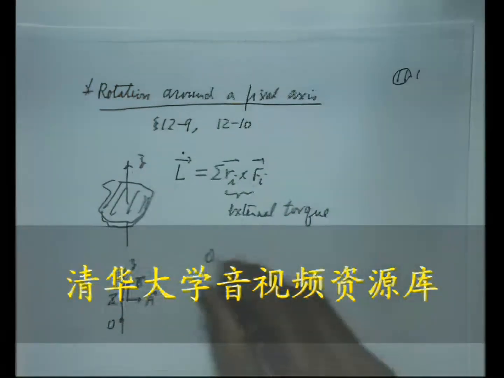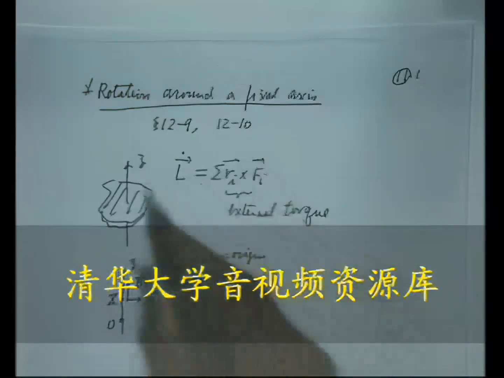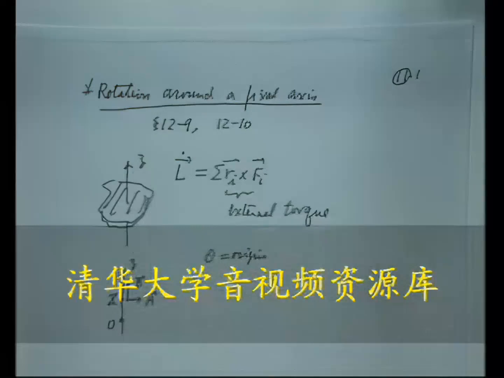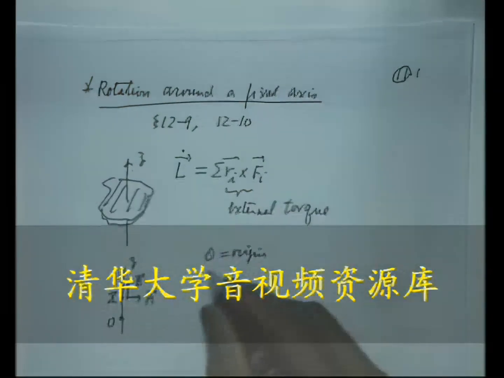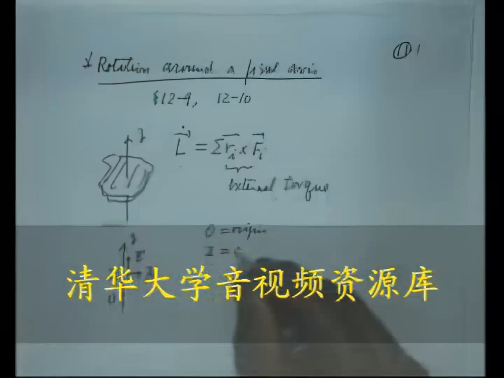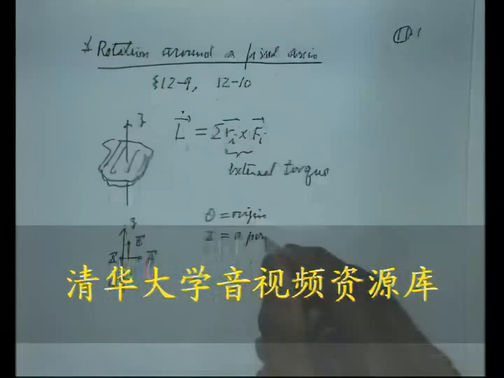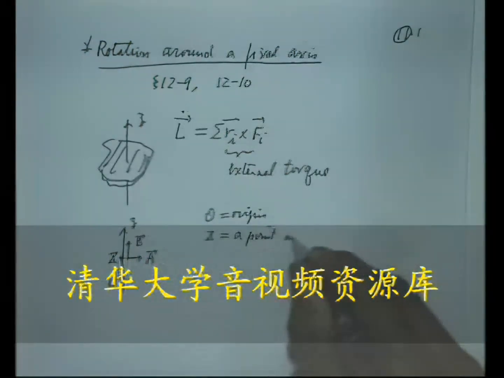O is the origin. When we write this formula, we always first choose the origin, then write down this formula. Now, let O be the origin. X is a point on the axle.